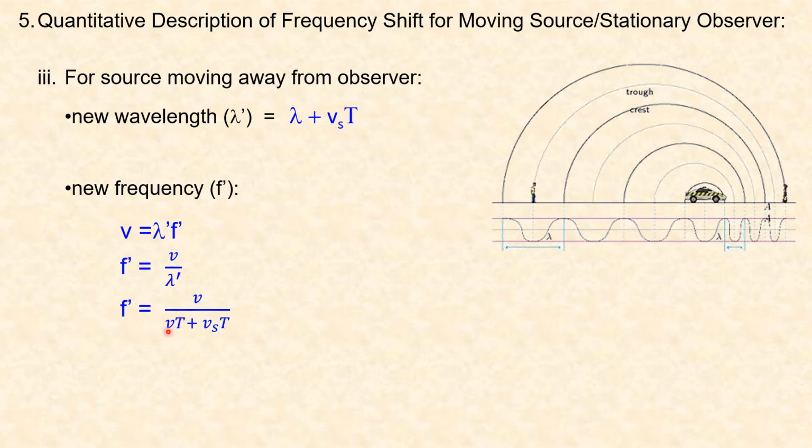So lambda is just wave speed times period. If we factor out a T from the denominator, we can write this in terms of frequency rather than period, recognizing that one over the period is simply the frequency. So here is an expression for the Doppler frequency shift when the source of the wave is moving away from the observer.